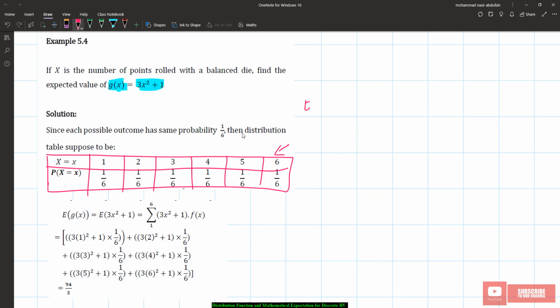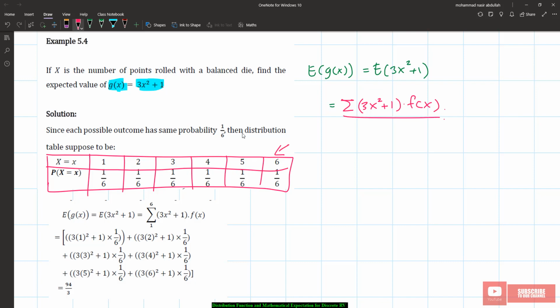We want to find E[g(X)], where E[g(X)] equals E[3X squared plus 1]. So this one should be the summation of (3x squared plus 1) multiplied with f(x).